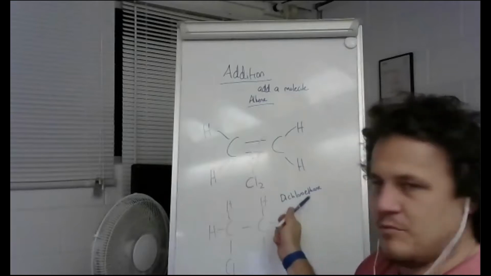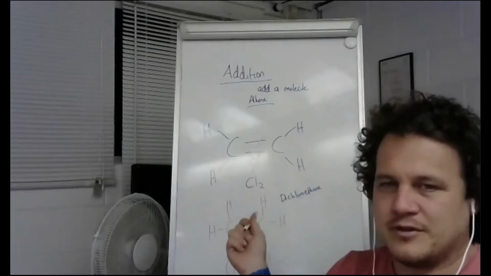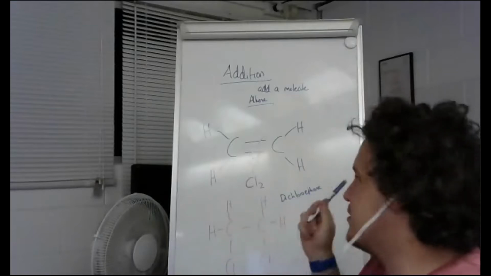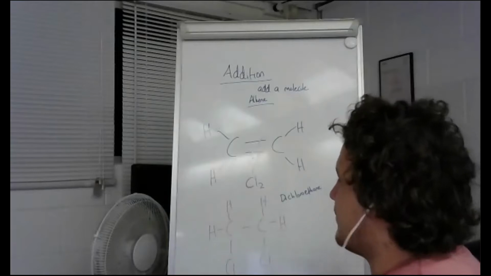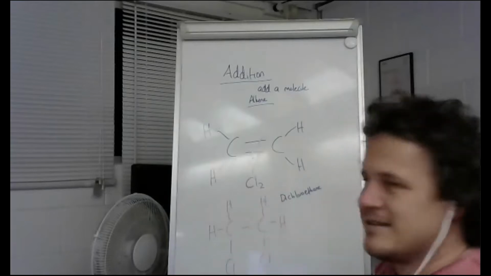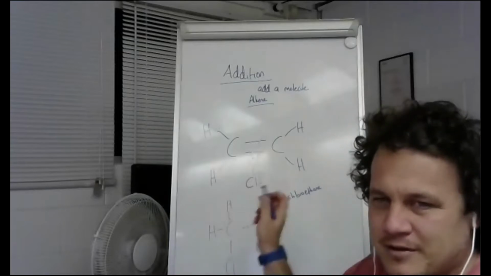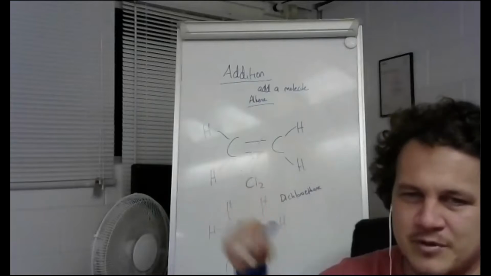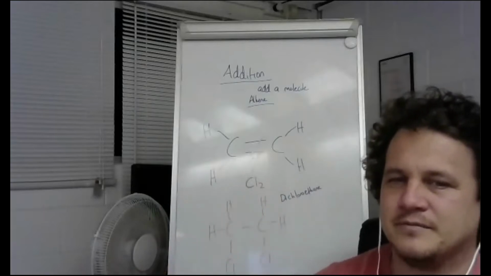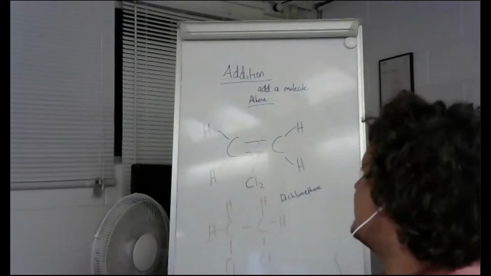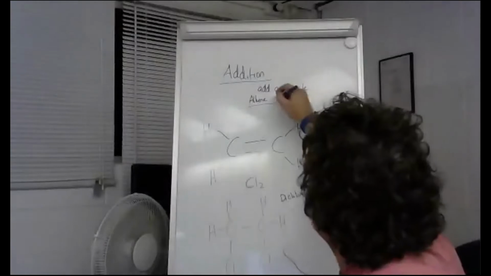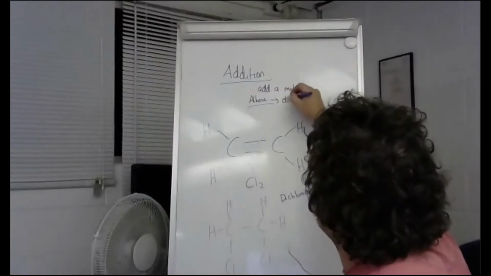And that is a really important industrial solvent. And it's also very important in the pharmaceutical industry. But it doesn't exist naturally. So we start with simple compounds and we can make them more and more complicated. So this is an addition reaction, an alkene to a dihaloalkane.